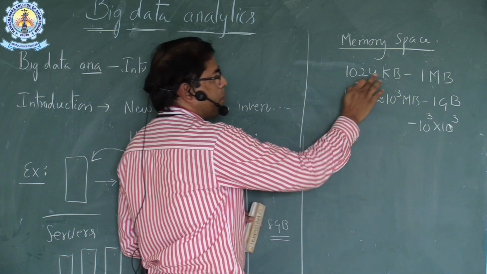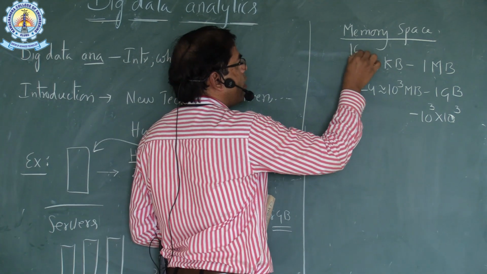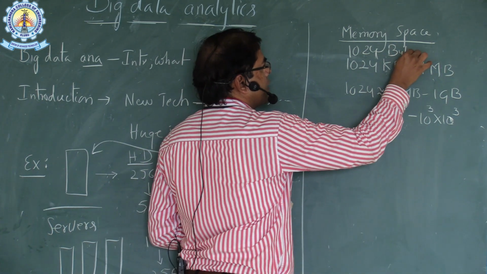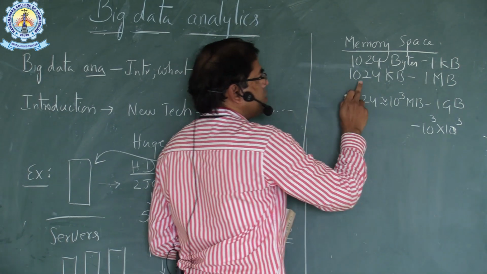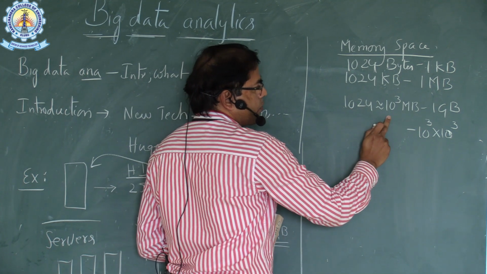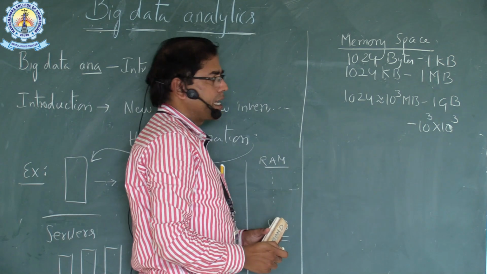Let us talk about the kilobyte, starting with the megabyte. 1024 bytes equal 1 kilobyte. 1024 kilobytes I can call 1 megabyte. 10 to the power of 3, that means 1024 megabytes, I can call 1 gigabyte.